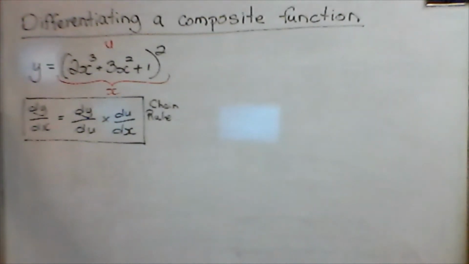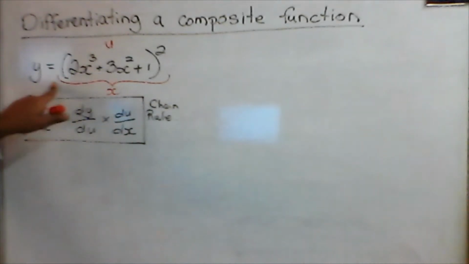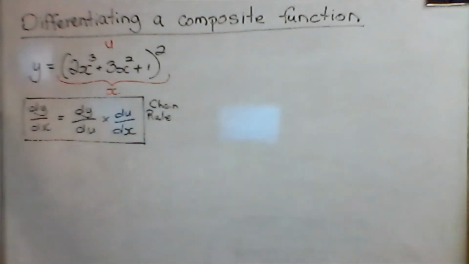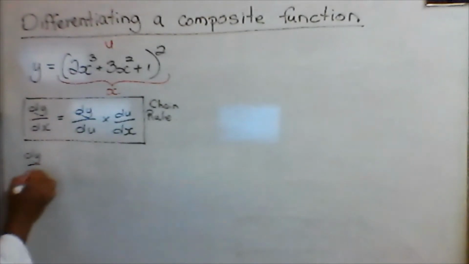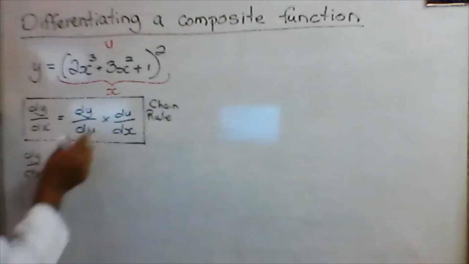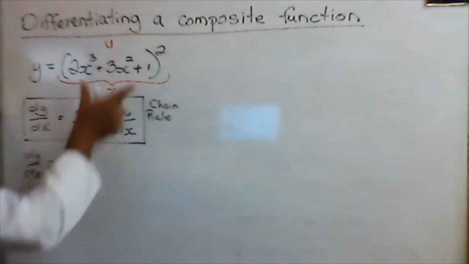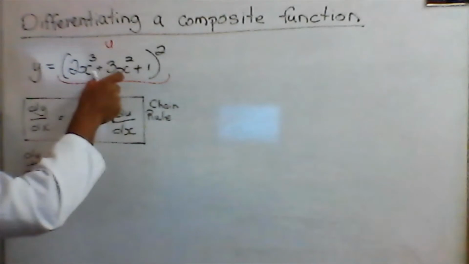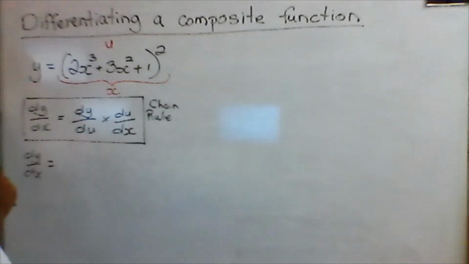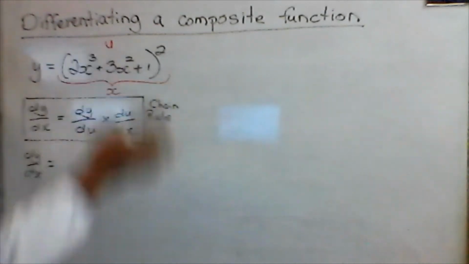Let's take some examples. Oh, beg your pardon, we do have an example. Differentiate y equals, in brackets, 2x cubed plus 3x squared plus 1. Let's do it. First, dy dx is equal to, now I have to differentiate the function contained inside and then multiply that by the function that is outside.